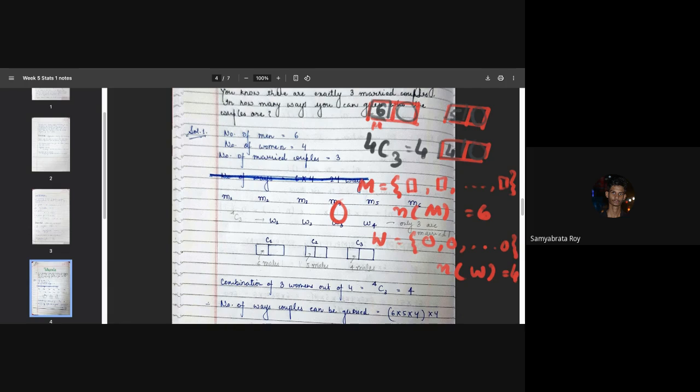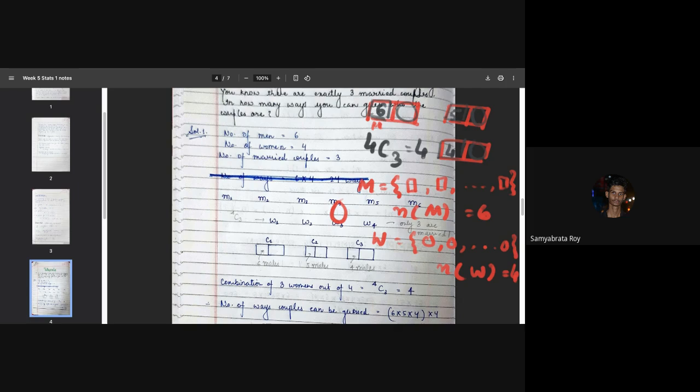I'm telling you, I have 6 choices for the first man, or 5 choices for the second man, or 4 choices for the third man; or I have 6 choices for the first man, and 5 choices for the second man, and 4 choices for the third man.